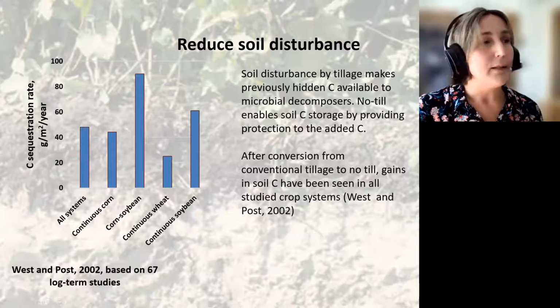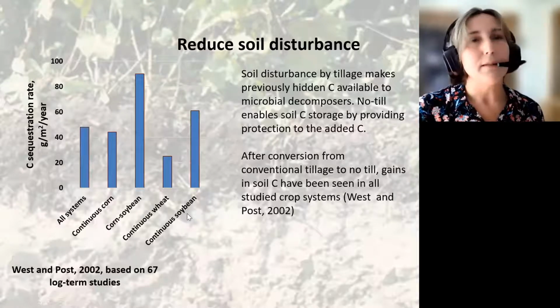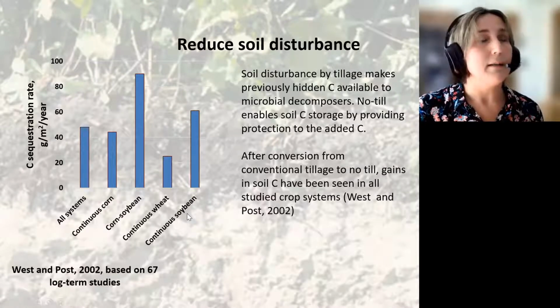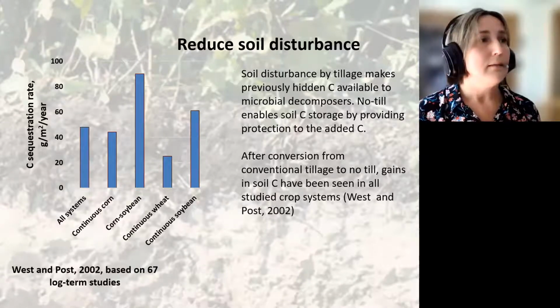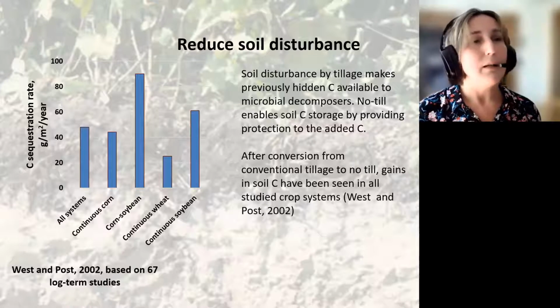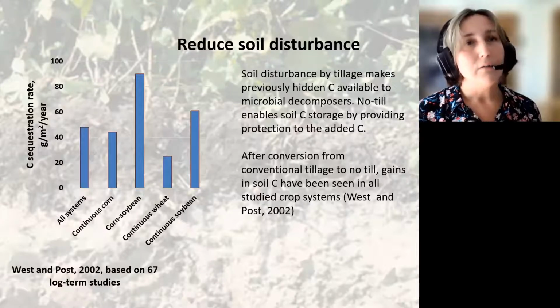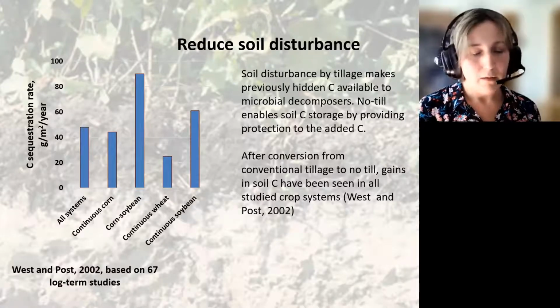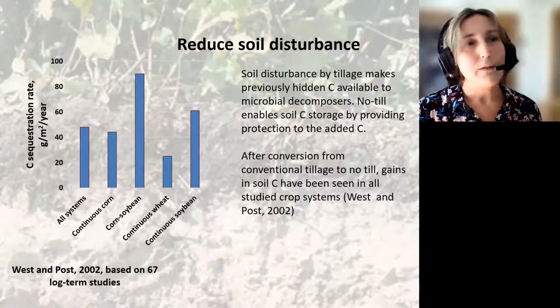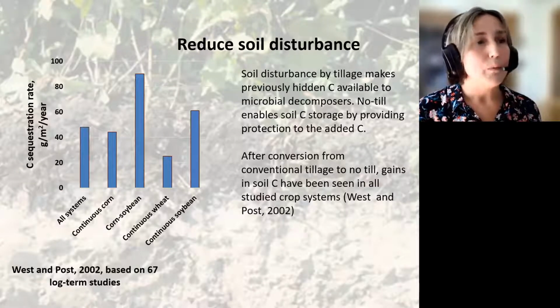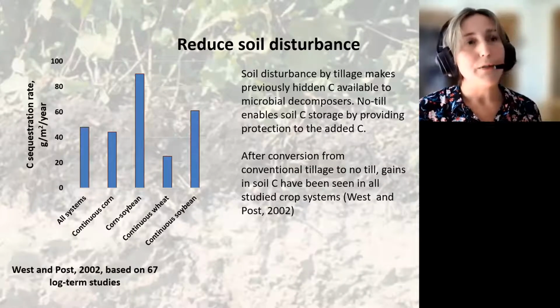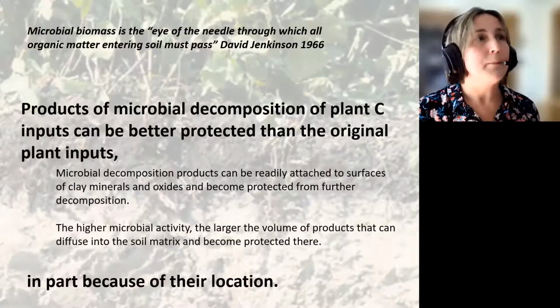And as you can see, regardless of what the actual crop system studied was, in all of them, to some lower, some higher extent, that conversion resulted in an increase in soil carbon. So reducing tillage is definitely something that works for improving carbon storage by reducing that loss part.